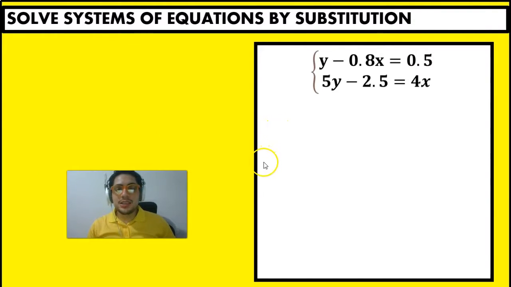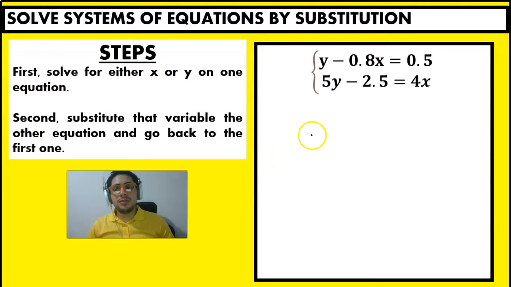Okay, guys, so in this case, you are given a system of equations. The first one is y minus 0.8x is equal to 0.5. And then the second one is going to be 5y minus 2.5 is equal to 4x, right? Now, it's very important that we remember the process or the procedure in these problems of substitution. The first thing that you're going to do is choose either one of the equations. So you can choose the first one or the second one.